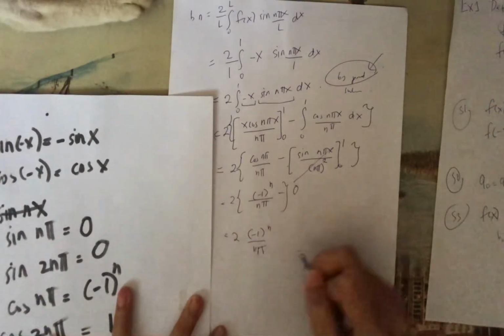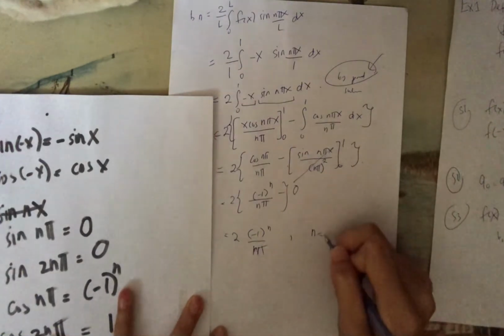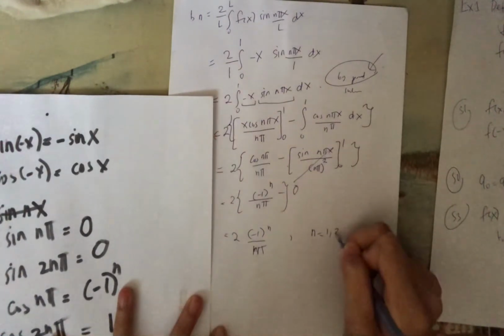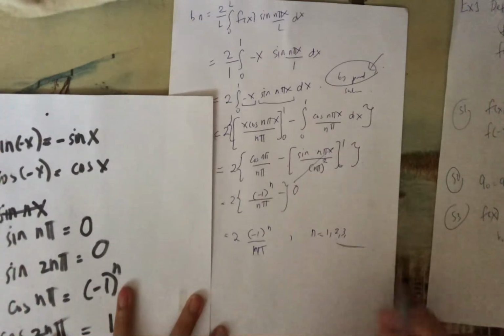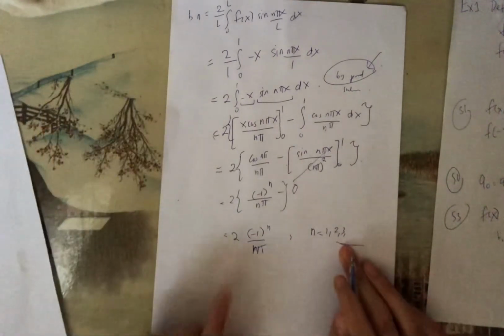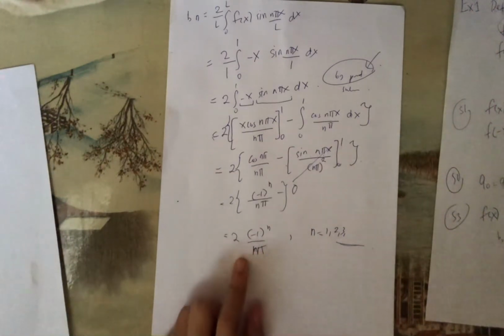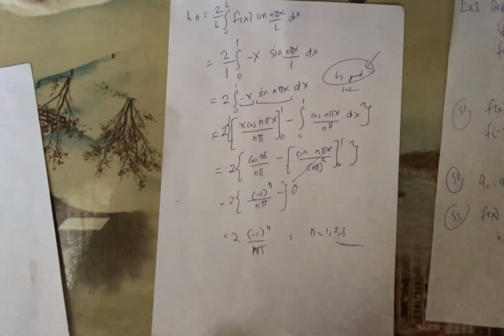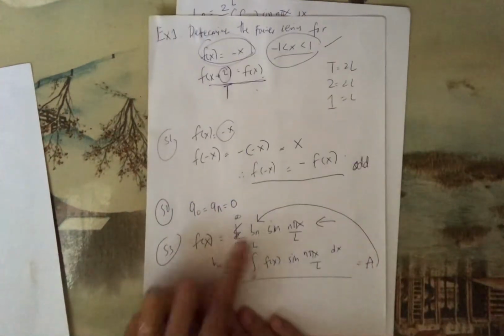Okay, since they have n, okay class, that means you have to write what your n is. Your n can be any integer from 1 until infinity. Okay, you should write this. So this is your Bn, class. So the last step that you need to do now is substitute this into your equation back.